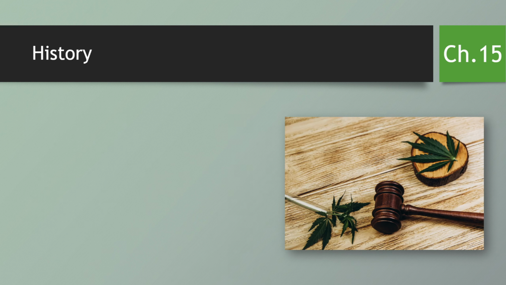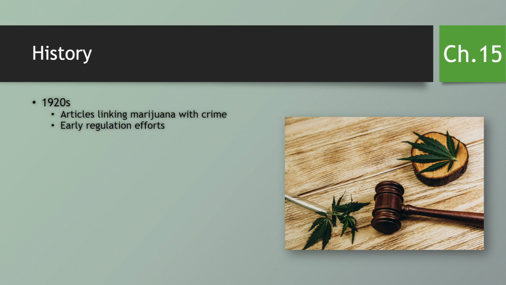All right, let's talk a little bit about the history of marijuana, specifically in the United States. In the early 1920s, there was the first shift in the perception of marijuana, when newspapers started linking marijuana with crime. Interestingly, this increased public interest in the substance, because before that, many people were less aware of it.